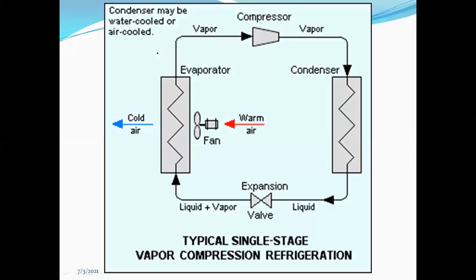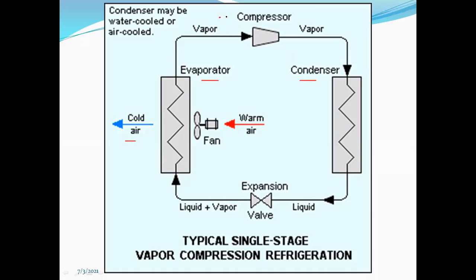This is the typical diagram, which is a very simple diagram for your understanding. Here also we have a condenser, maybe water cooled or air cooled. If we start from the top left corner of the slide, at the bottom cold air is the evaporator, and opposite the evaporator we have the condenser.